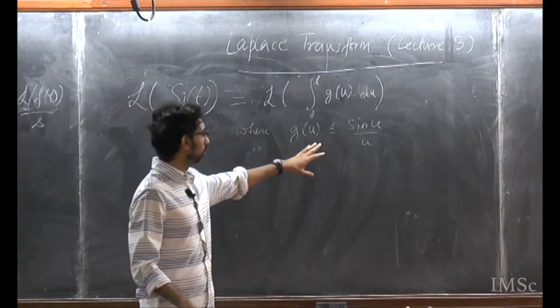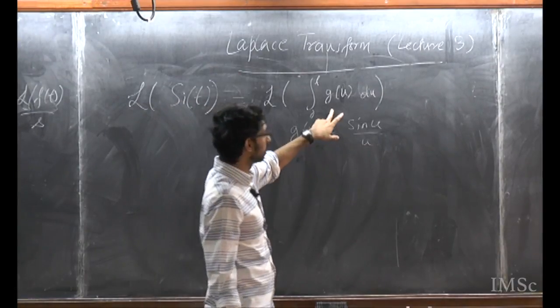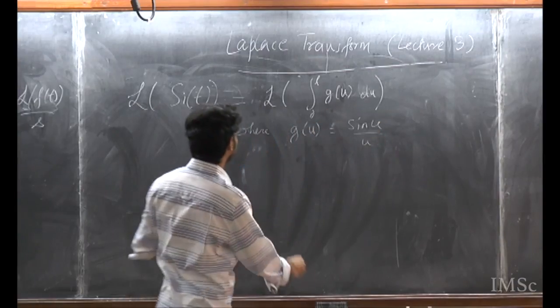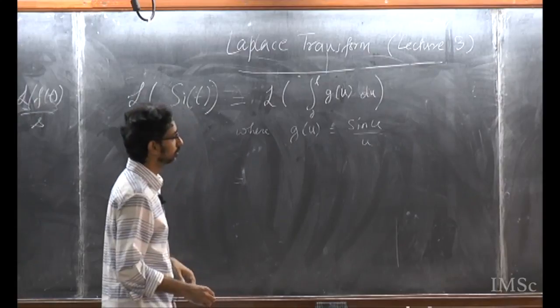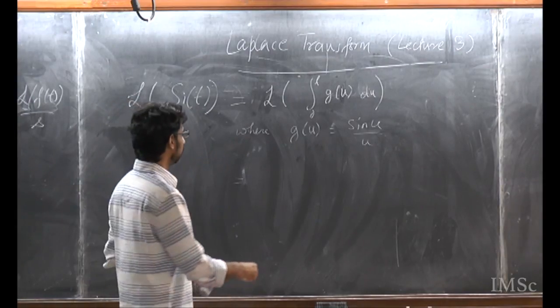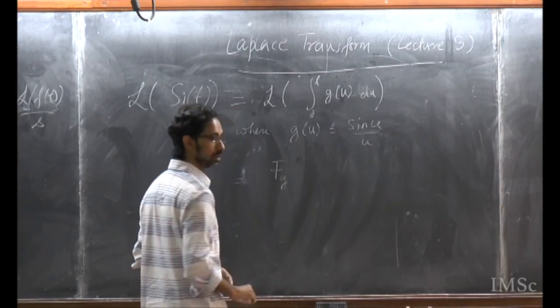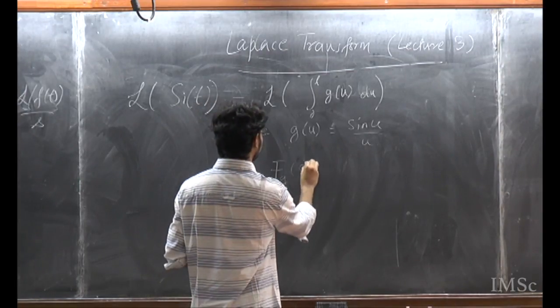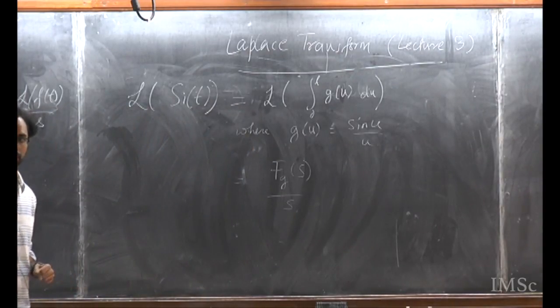And suppose that we know the Laplace transform of sine u over u, then what is this by the previous theorem? This is the Laplace transform of g, at s, over s. Do you agree?